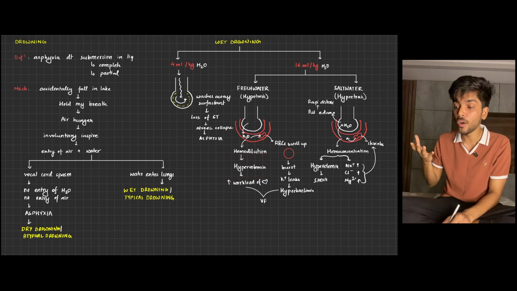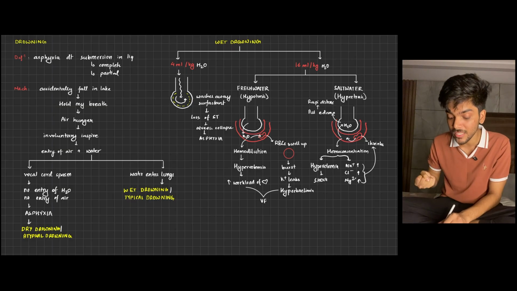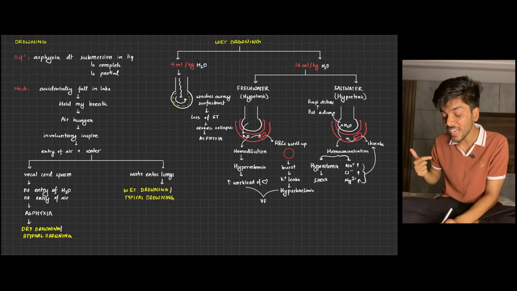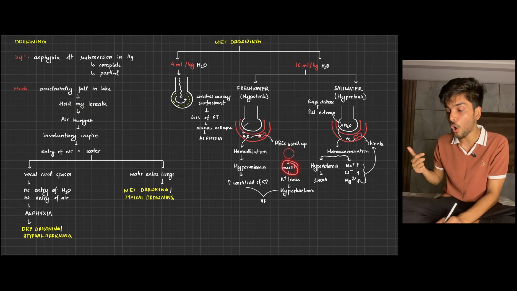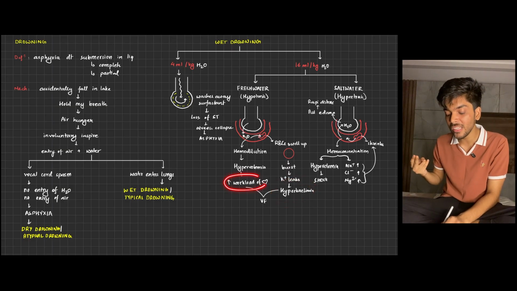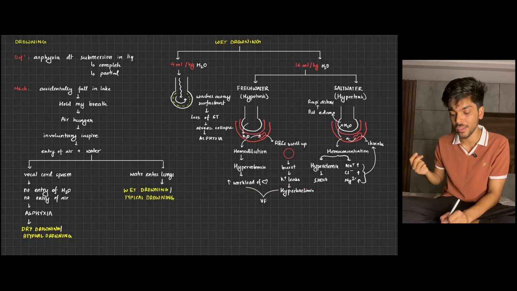Since there is increased volume of blood, the work of the heart to pump it also increases. There is increased load on the heart. Along with that, the extra added water also enters inside the RBC. So the RBC swells up, it bursts, and all that potassium from the RBC leaks out, leading to hyperkalemia. Due to the additive effect of increased workload of the heart and hyperkalemia, the person dies of ventricular fibrillation.